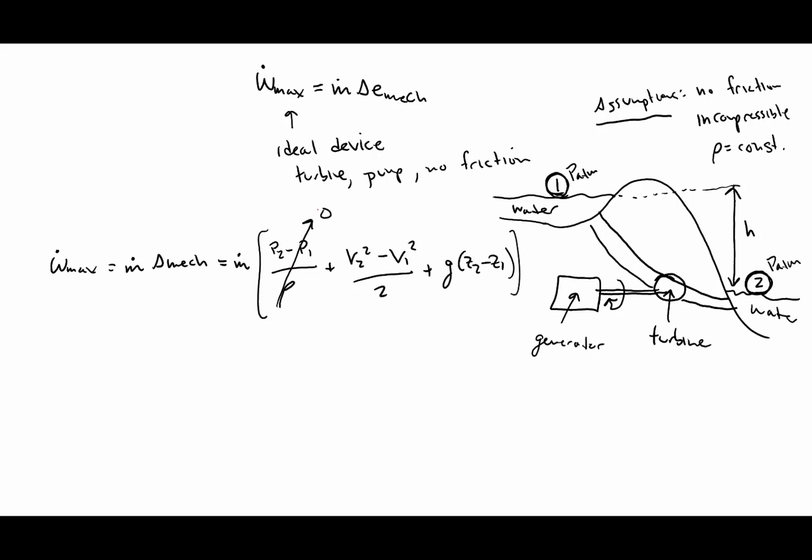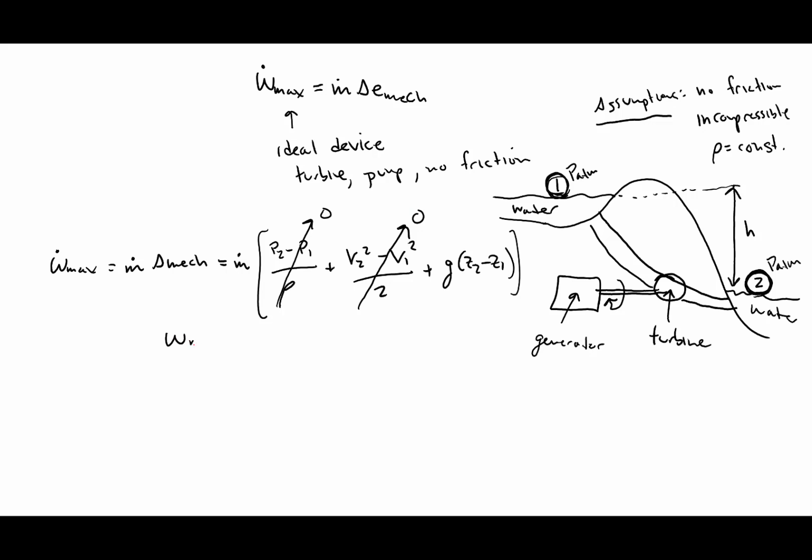And we're also going to assume that the water here, so the water right here at 1, the velocity is pretty low, or pretty much 0. And then we're going to assume that the water here, the velocity is also pretty low, so pretty much 0. So V2 squared minus V1 squared is 0.